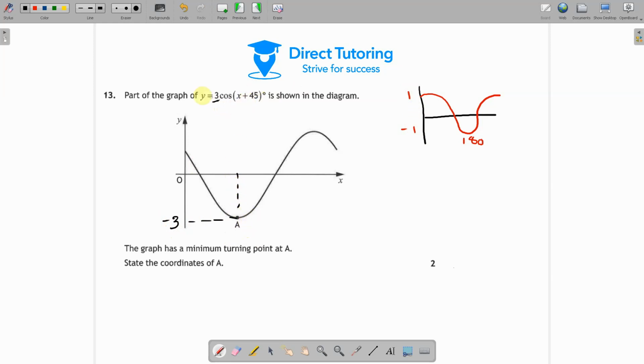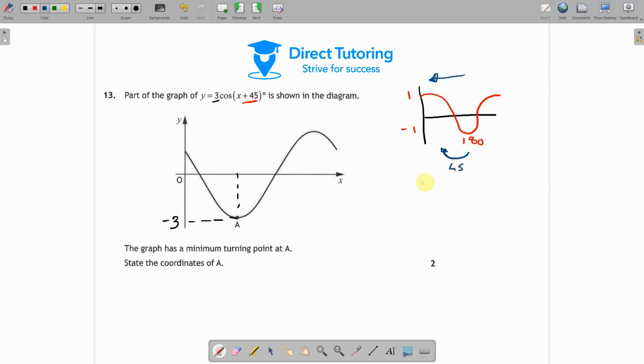Now, it's been shifted by 45 degrees positive. Now, if it's positive, it shifts it to the left hand side. So rather than it being at 180, it is going to have been shifted 45 degrees in that direction.